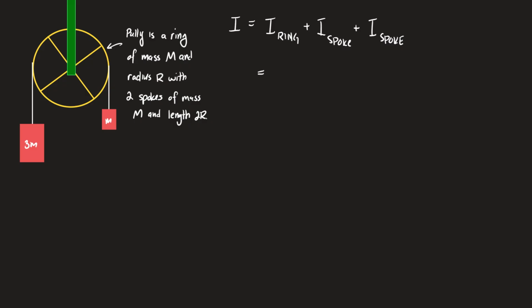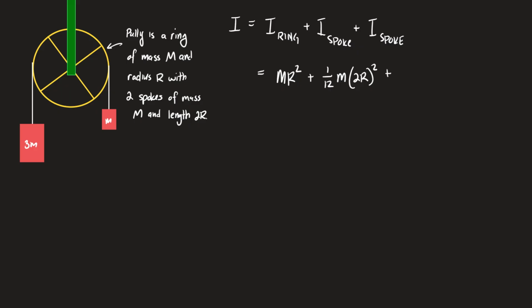So the ring is simple. The moment of inertia of a ring about its center is just mr squared. What's the moment of inertia of a rod about its center? Go ahead. Yeah, 1/12 ml squared. So L is the length of the spoke. So I have to put 2r here for the length of the spoke, right? Because the spokes are a diameter long.